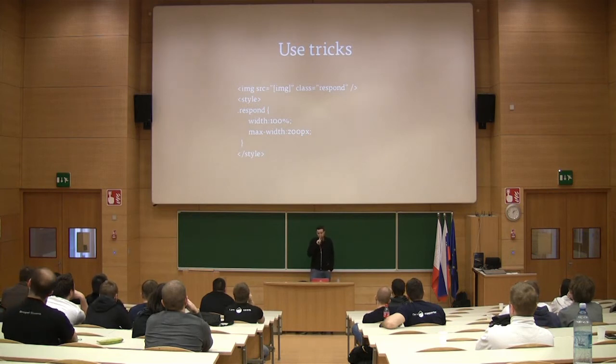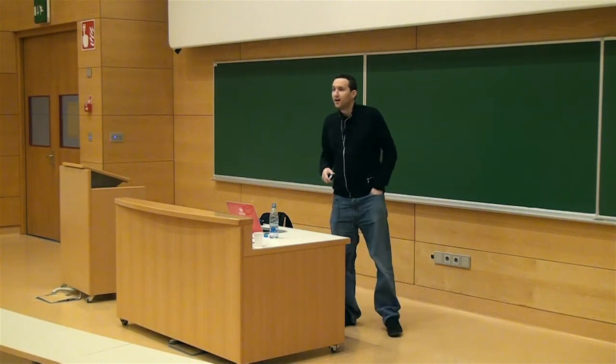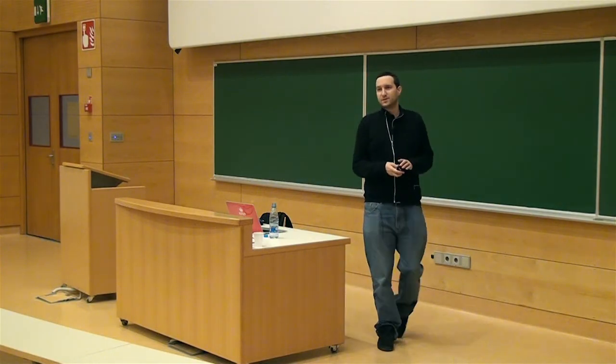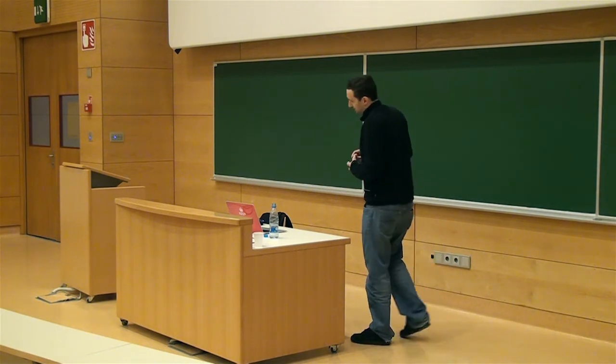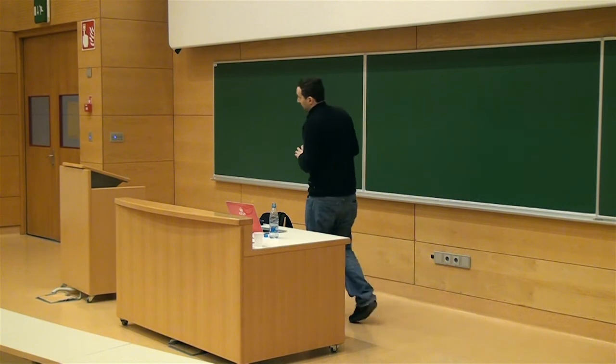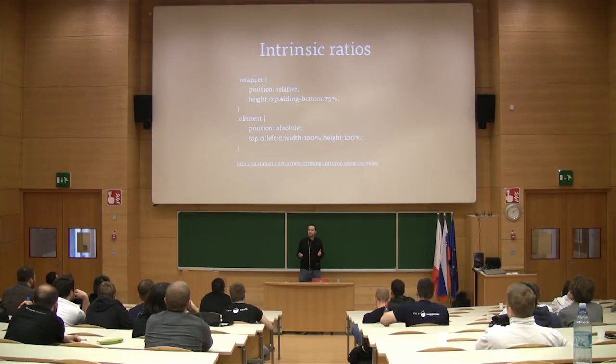The other thing that you can do with images and with videos is use this thing that's called intrinsic ratio for videos. It's basically a trick where the padding height, if you specify it in percentages, is going to be a percentage of the width.